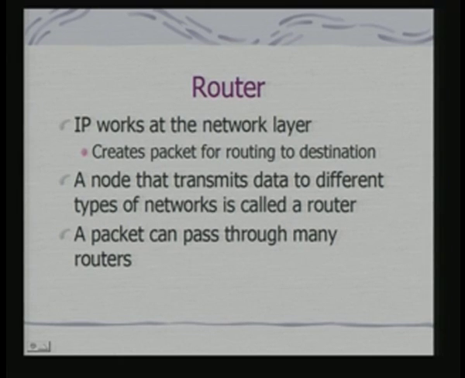address. So, a packet on its path can pass through many routers, and there may be packets originating from one source, but two consecutive packets may be put onto two different routes by the router itself. And that is the basic reason why we call this a packet switching network.